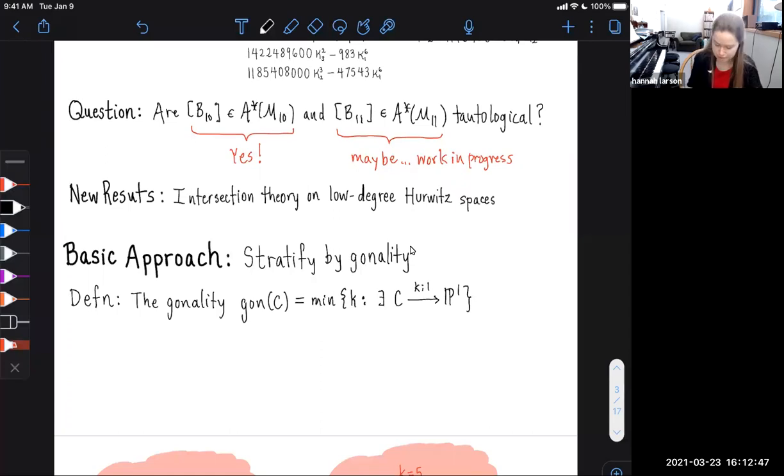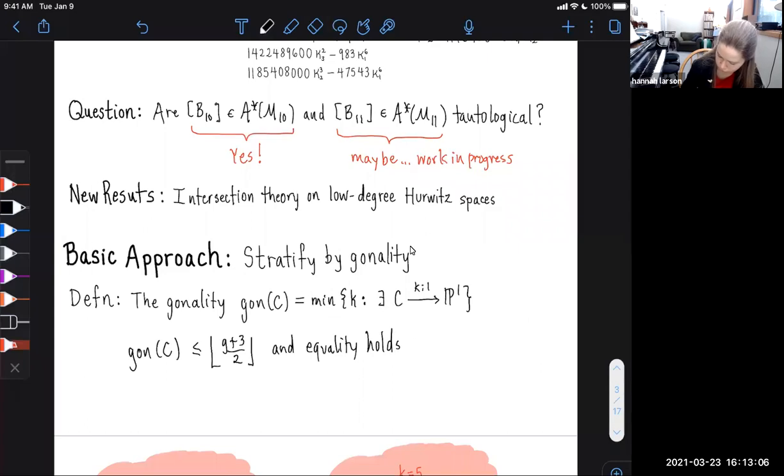And it's a fact that the gonality of C is always at most (g+3)/2. And equality holds for the general curve.